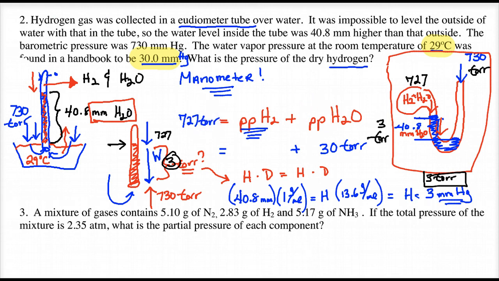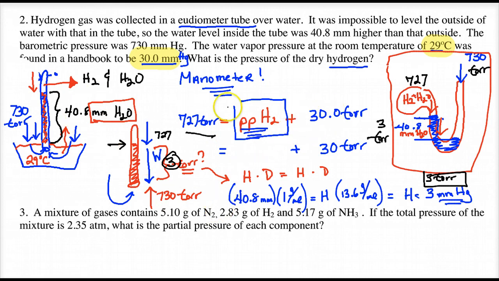My partial pressure due to my water vapor, okay, is 30.0 torr. Okay? So what must be the partial pressure if all the individual pressures equal the total? Well, that's pretty simple. 727 minus 30, right? I'm solving for this value. I know the total because I solved it in the manometer problem first.